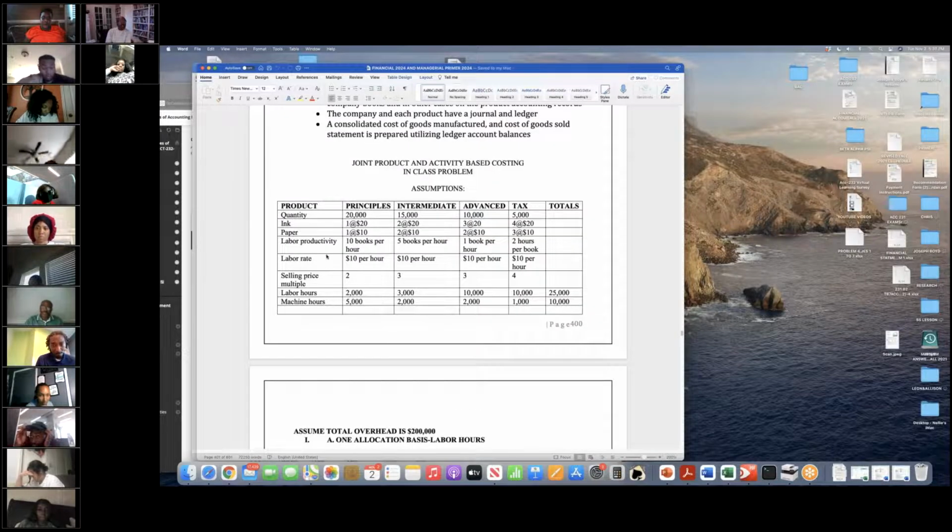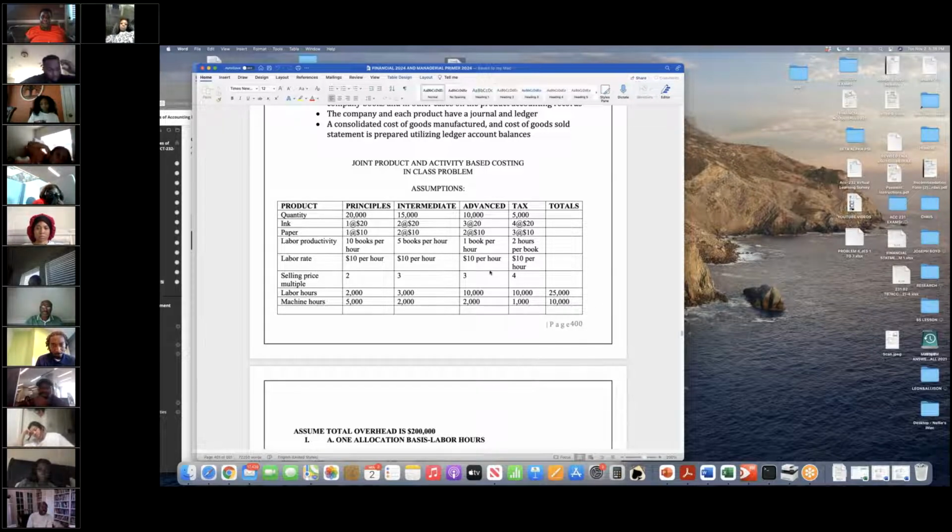So it's 4 books, and we aren't using the machine hours at all. So we're just looking at one book. And essentially, we've got to do the same thing that we were doing, but we've got to do it now for 4 books.